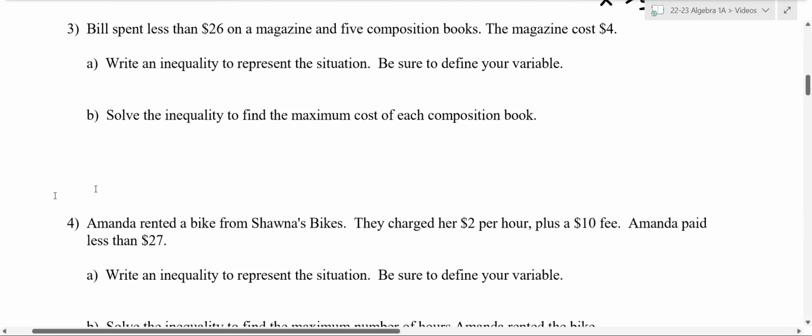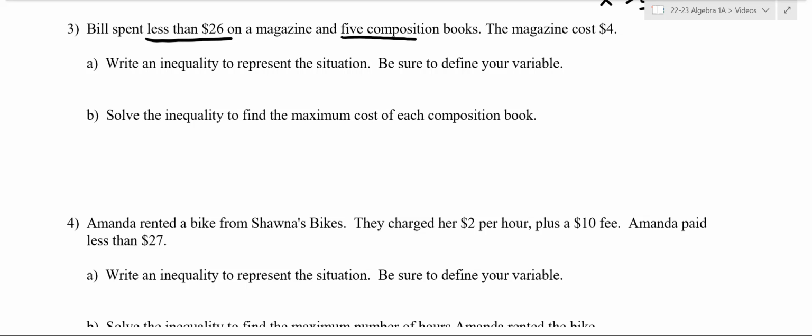All right, Bill spent less than $26 on a magazine, less than 26 bucks, and 5 notebooks, 5 books, sorry. The magazine cost $4. Oh, 1 magazine and 5 books, and it was less than 26.